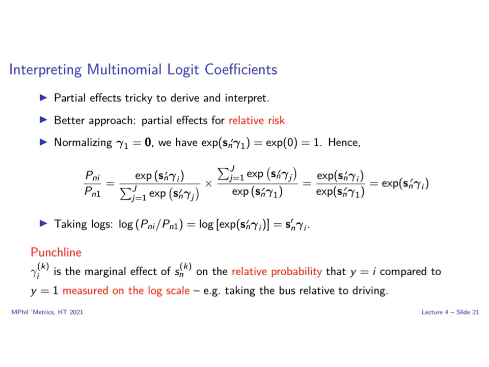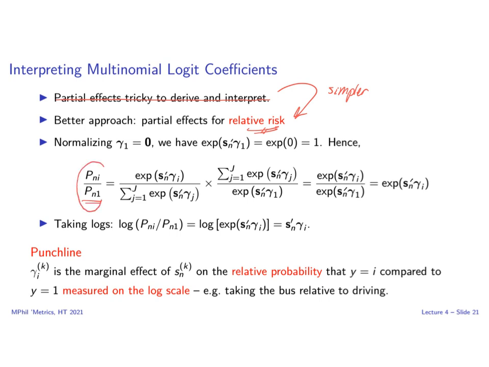Partial effects for the multinomial logit model are tedious to derive and difficult to interpret because the attributes Sn are common to all alternatives. A simpler approach is to consider partial effects for relative risk, namely the effects of Sn on ratios of choice probabilities, where we take one alternative as the base case. Suppose we designate the first of these as our base category.